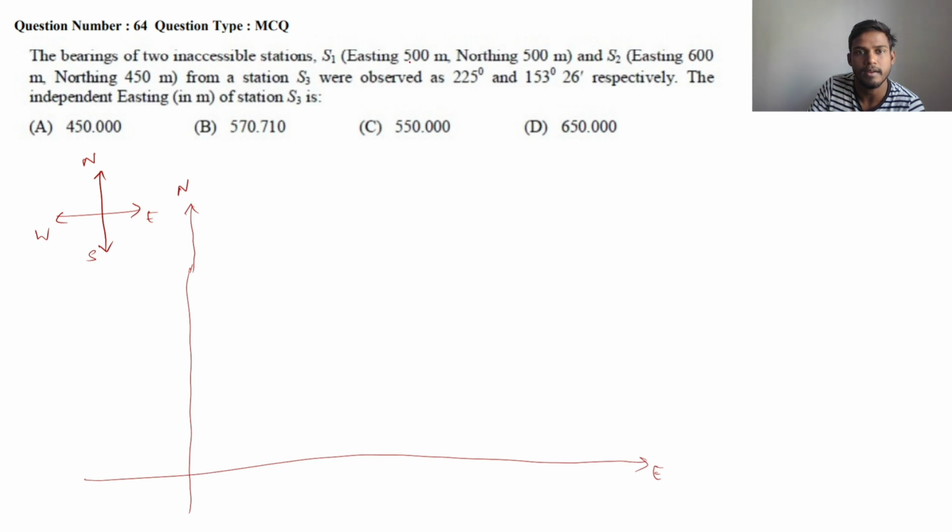S1 is in the east direction 500 meter, and in the north side, it is again 500 meter.